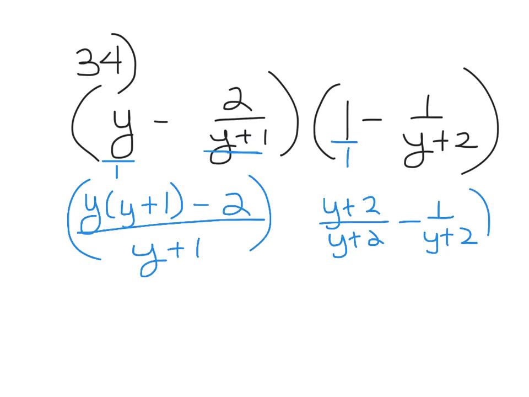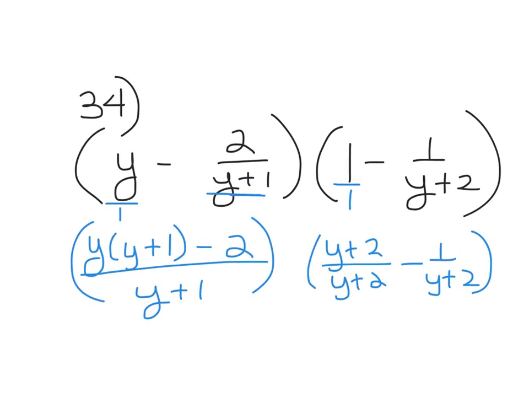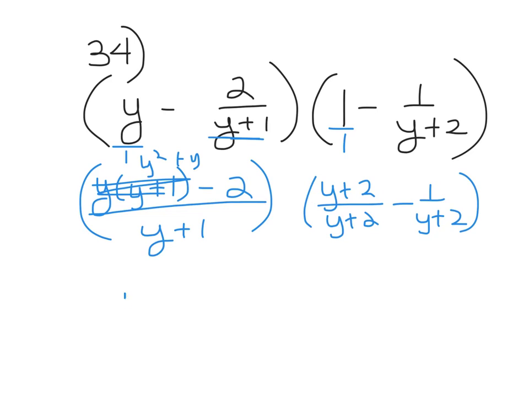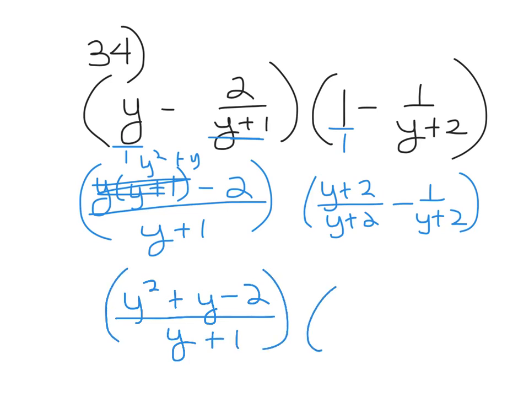Over here, I'm going to change the 1 into y plus 2 over y plus 2, and this one stays like this. All right, so now I'm going to distribute the numerator on this first one. This will become y squared plus y, and now y squared plus y minus 2 over y plus 2. It's being multiplied, and over here I'm going to get y plus 1 over y plus 2.